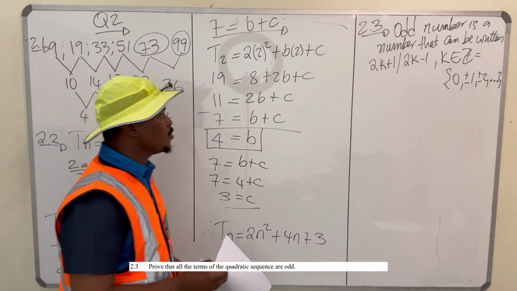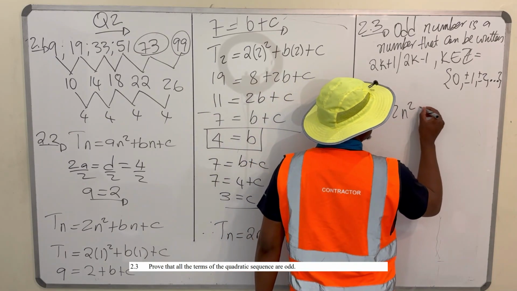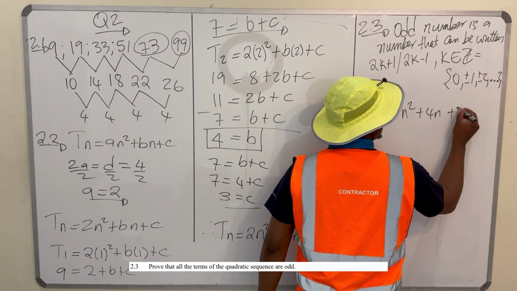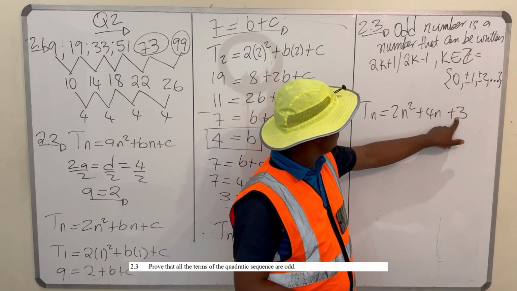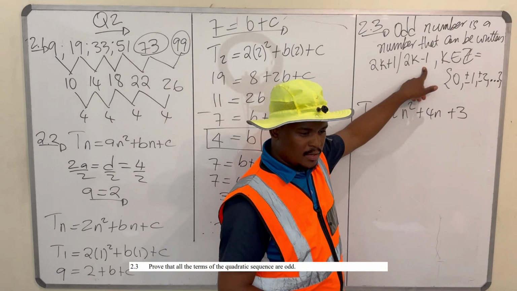So let's go. Your Tn is equal to 2n squared plus 4n plus 3. Because I have plus 3, it's easier to have a plus 1 than a plus minus 1.